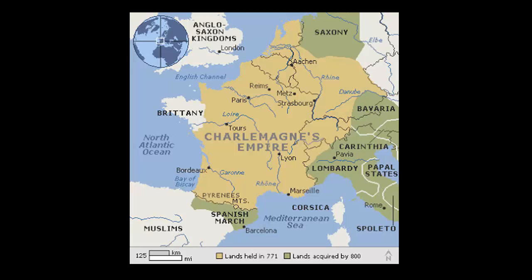So, in fact, France is a remnant of the Franks. These are the same people. And you can see that Paris and only the northwestern coast of France, known as Brittany, were never part of Charlemagne's authority.